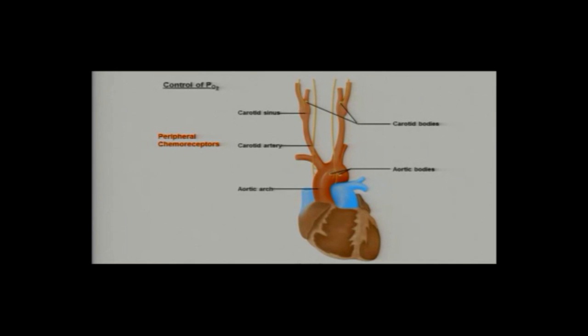Central chemoreceptors are weakly sensitive to the PO2 of blood. They are highly sensitive to the PCO2 of blood. And in terms of changes in blood pH, anybody want to guess how sensitive they are?